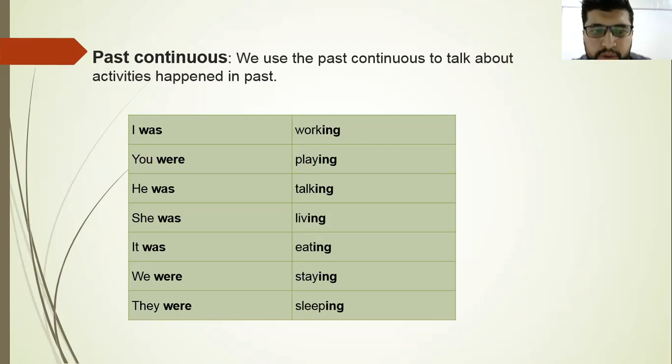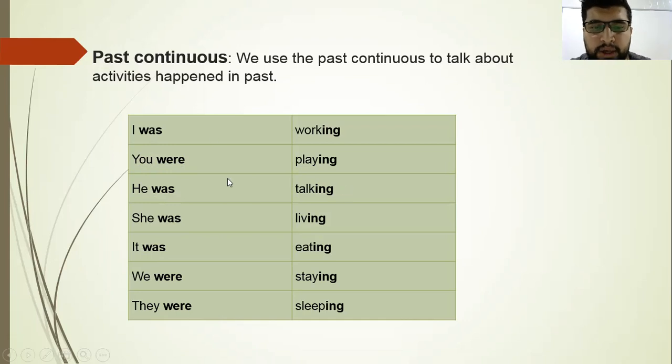So you already know pronouns. I is just one. He is just one. She is one. You say I was, he was, she was. But we say you were. It was, and also we say we were, they were. Do not forget it, please.